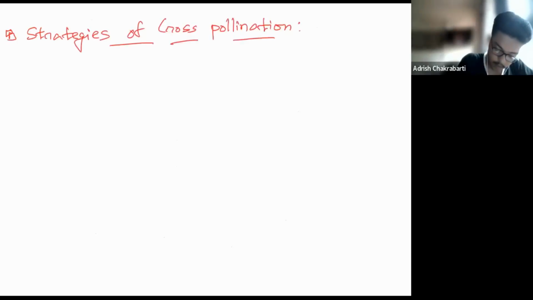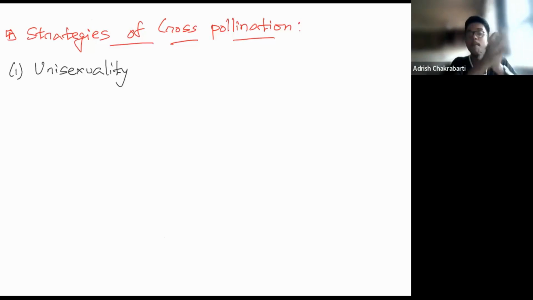First point is just the opposite of what was the first point of self-pollination. The first point of self-pollination was bisexuality. Here it is unisexuality. So clearly, if the plant produces unisexual flowers, a flower either has a male reproductive organ or a female reproductive organ. So now invariably the plant has to opt for cross-pollination because there is no scope of self-pollination.